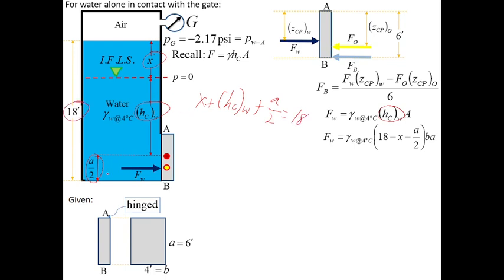The sum of the three is 18 feet. So, with that, HCW now is equal to 18 minus x minus A over 2. That's why we have this one. So we now proceed.